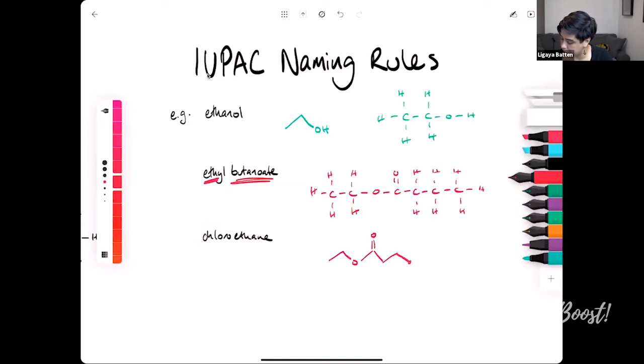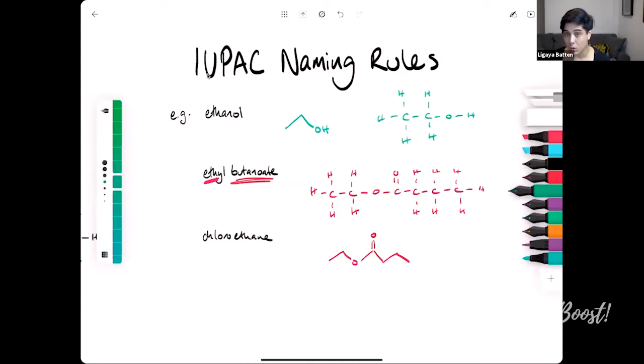So 1, 2, 3, 4 for the butan, and then 1, 2 for the ethyl. And again, just try and remove those dots because that's not actually part of the skeletal formula. It's just trying to help you to identify how many carbons there are. Once you're used to the skeletal formula, that's normally the most efficient way to answer these questions. But sometimes if you're not that confident, it can lead to more errors. So if you're not that confident, I would say stick to displayed formulae.